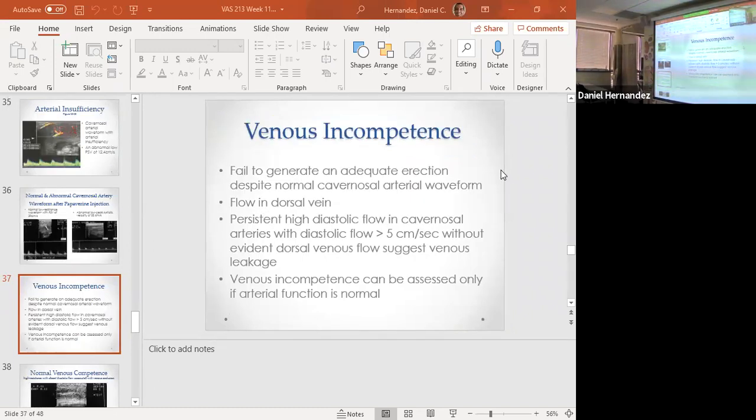So the other side of the equation, if it's not arterial insufficiency or poor arterial blood supply to the penis, it could be an issue with venous incompetence. Venous incompetence can be a cause of failure to generate adequate erection despite normal cavernosal arterial waveforms. So with this, we're going to assess flow in the dorsal vein.